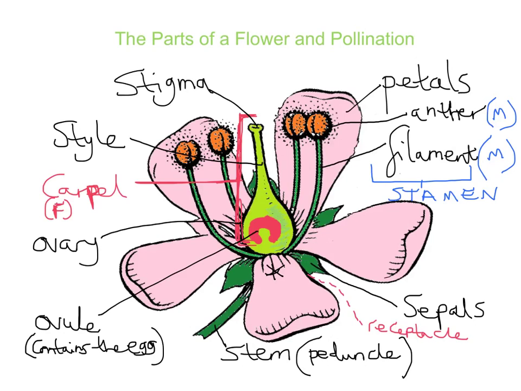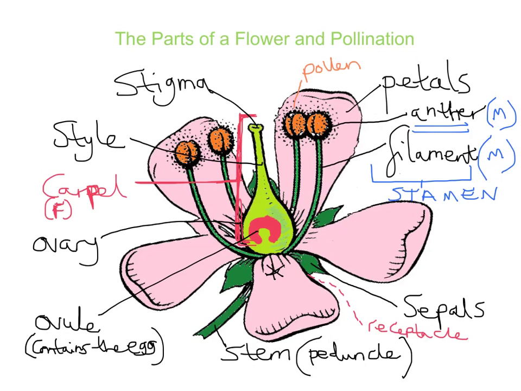So let's think about what contains the male sex cell. Now the male sex cell is called pollen, and it's the anther. It's the anther that contains that pollen. That's what these little dots are. In fact, if I label it in a sort of orangey colour, if you like, to match what I've done before. So those little dots that you can see, they're meant to represent the pollen.